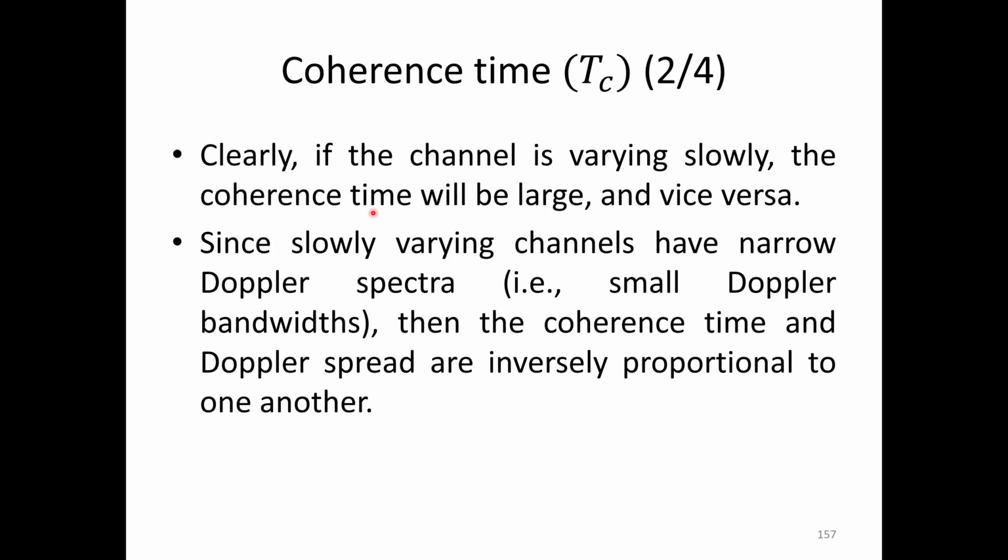Since slowly varying channels have narrow Doppler spectra, that is small Doppler bandwidths, the coherence time and the Doppler spread are inversely proportional to one another. Why? Because in the last section we have proved that for a time invariant channel, the Doppler bandwidth is equal to 0.